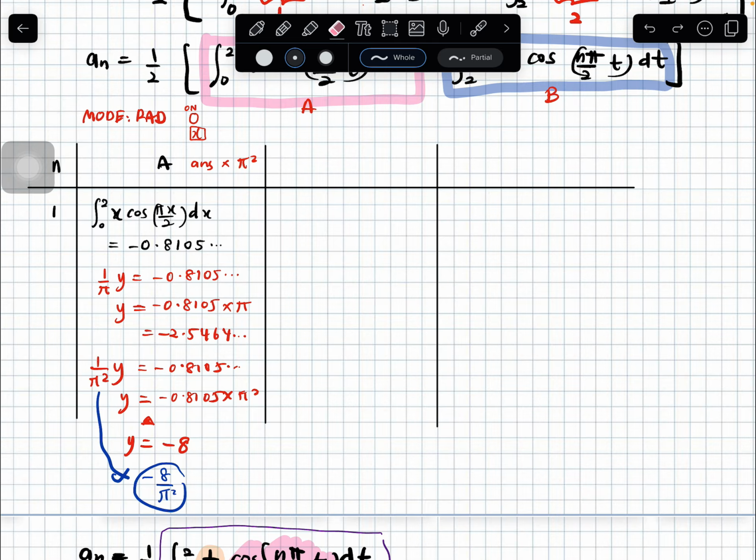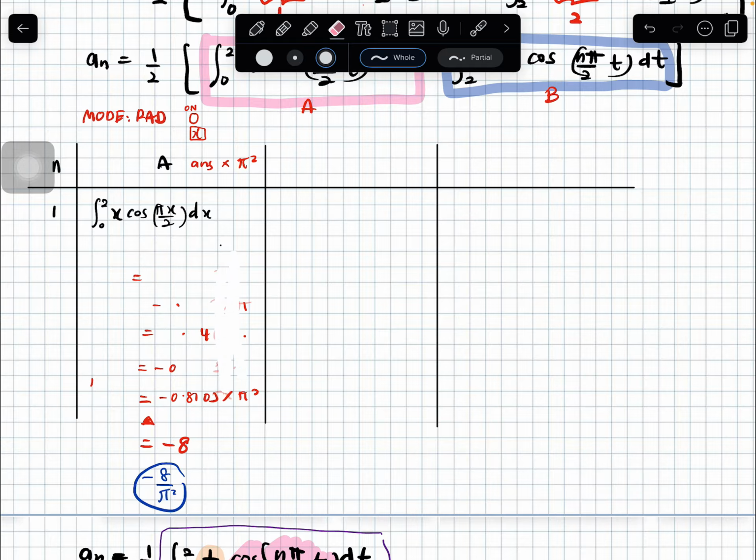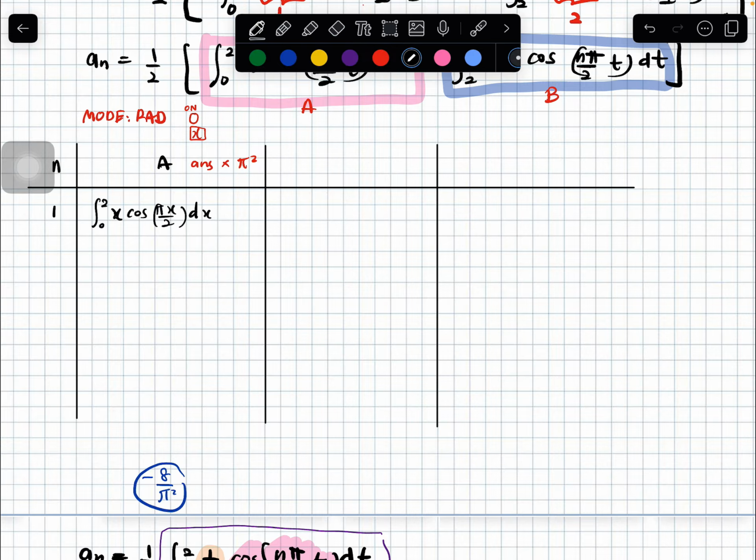So if we delete this scratch, we just put in our last value, negative 8 over pi square.